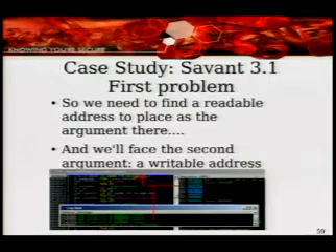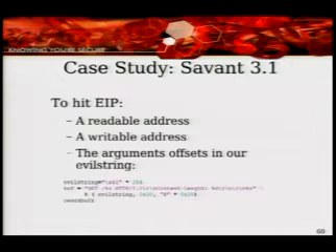Once we find this, which is pretty easy, we'll be facing the second argument problem, a readable address. That's almost as easy as the first one. We just need to find a readable address.